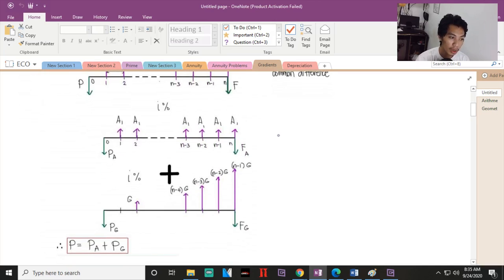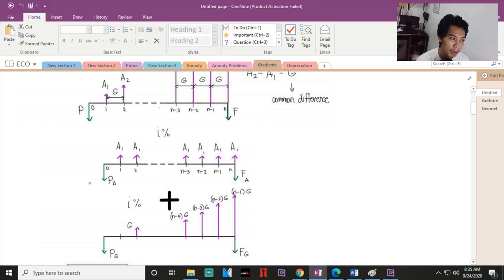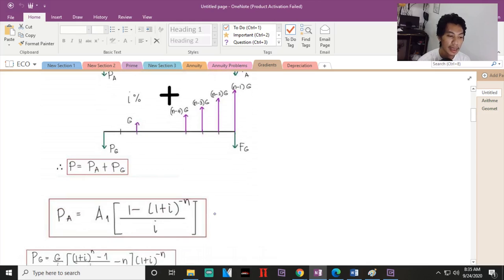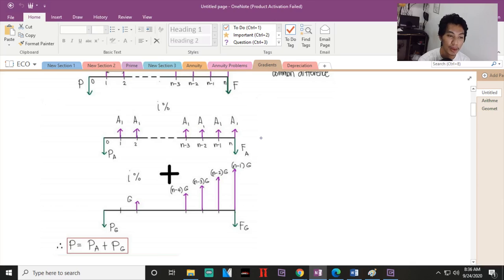So, ito yung may gradients at ito naman yung payment present worth na merong annuity at ito naman yung present worth of the gradient. Ngayon, magkakaroon ka ng total present worth. And tandaan nyo, this is an ordinary annuity, yung nasa taas. This is the cash flow of an ordinary annuity.